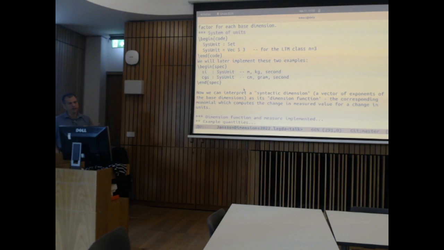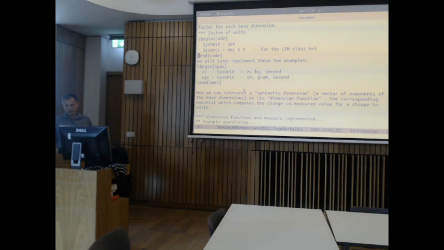So that's entailing how big they are supposed to be. For the LPM class here, n could be bigger for another class. And examples of a system of units would be the SI system of units, or the CGS system, where you measure things in centimeters, grams, and seconds. smaller things. There's also a system of units which is convenient for measuring very small things like Planck's constant.